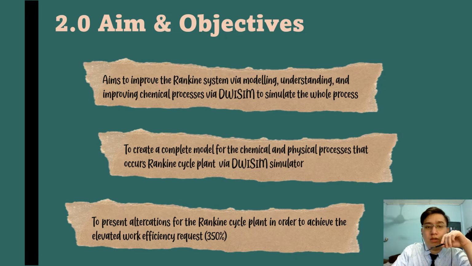The other objective is to create a complete model for the chemical and physical processes that happen during the Rankine cycle plant using the DWSIM simulator. The other objective is to present alterations or modifications for the Rankine cycle plant in each of its unit operations like steam boilers, turbines, pumps, and condensers to achieve the elevated work efficiency requested by the company, which is 350%.